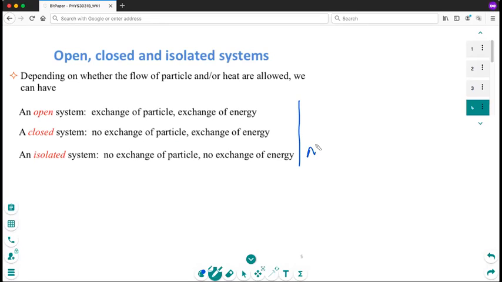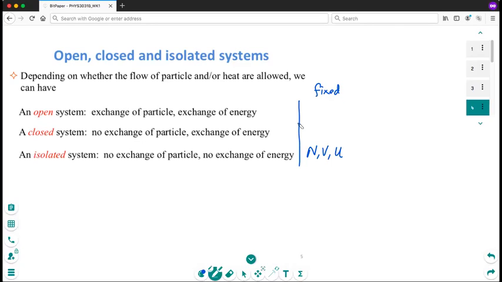The number of particles, N, will be fixed. Volume will be fixed too, because if volume is not fixed, you can exchange energy by doing work. Now I do not allow the volume to change, so I cannot perform work on the system. And from the first law, which you will learn properly, the internal energy will also be fixed. So these are the fixed parameters.